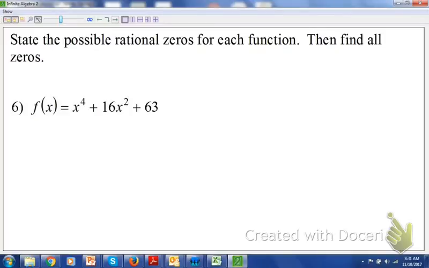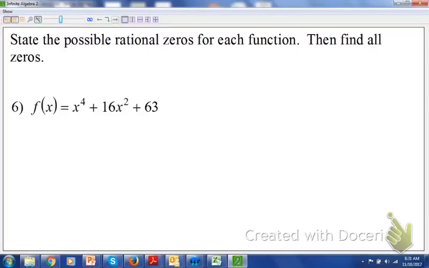It says, state the possible rational zeros for each function, then find all the zeros. How many zeros does this one have? It's going to have 4, right? Because it's a 4th degree polynomial. Now, there could be repetition. In other words, we could have one of our factors twice. I don't know if that's the case with this problem.